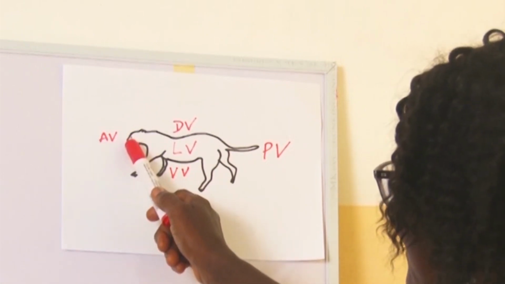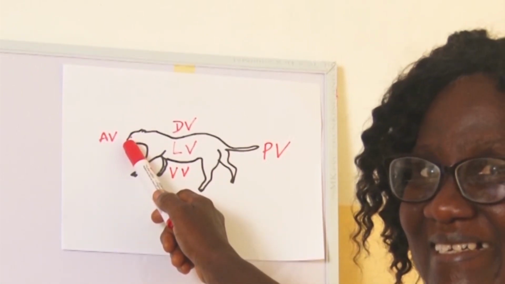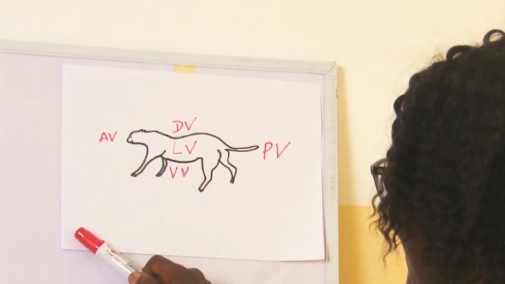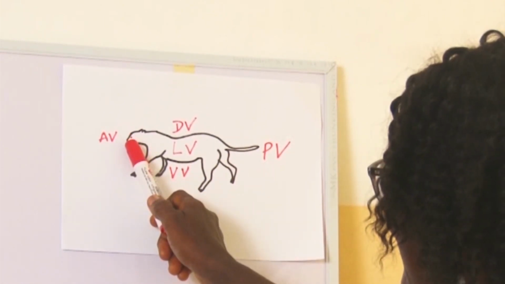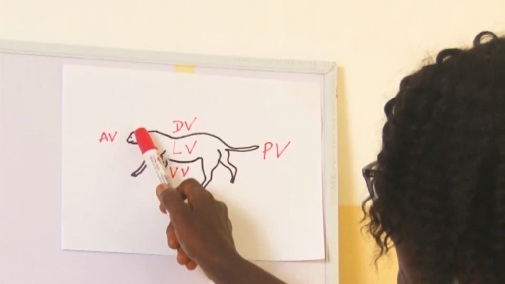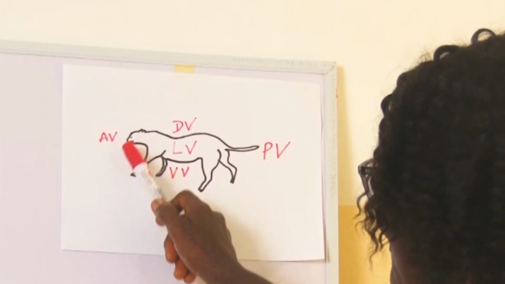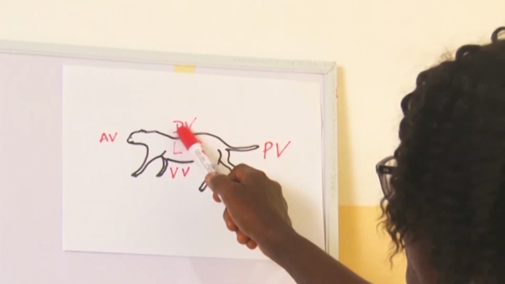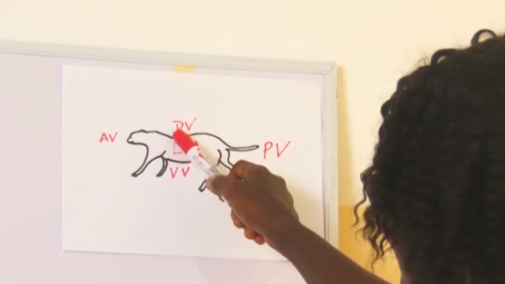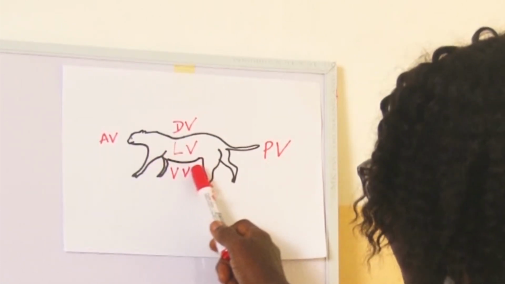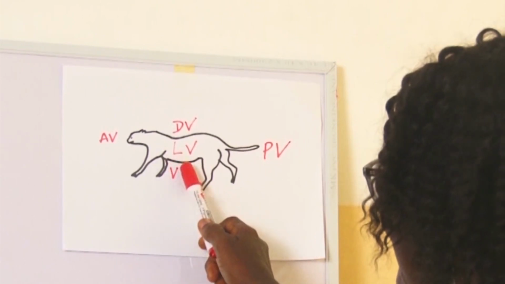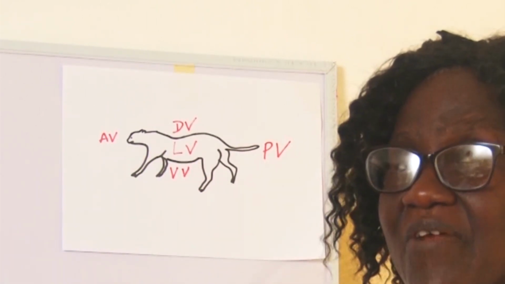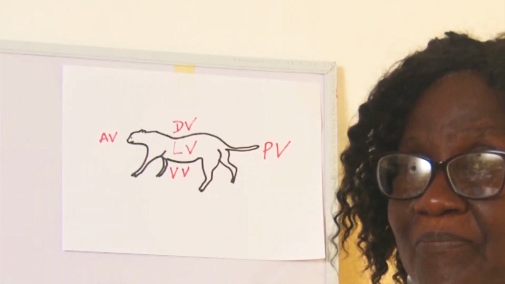You are looking at the organism from the head area. Anterior end is the head area. So at the anterior end, there's a head there. We have an eye, etc. If you are looking at the dorsal view, you are looking at it from the back. If you are looking at the ventral view, you are looking at the undersurface, which has this and this and this. Orientation is very, very important when you are describing a structure.